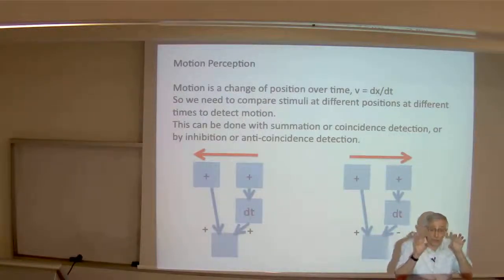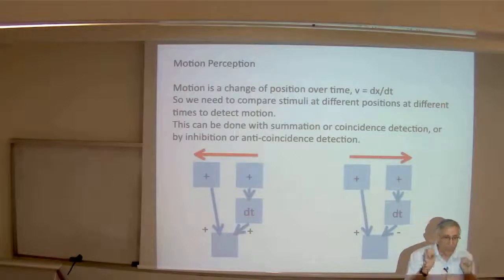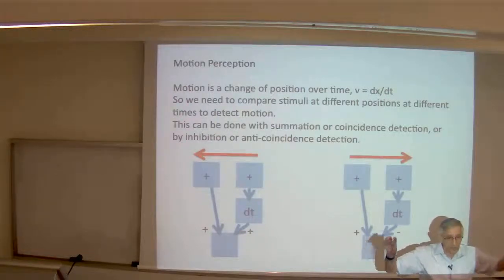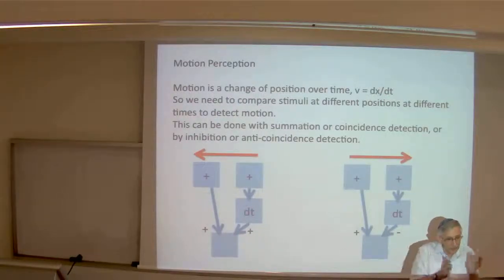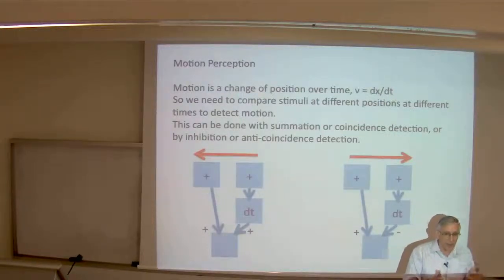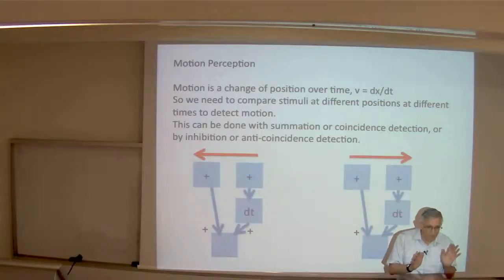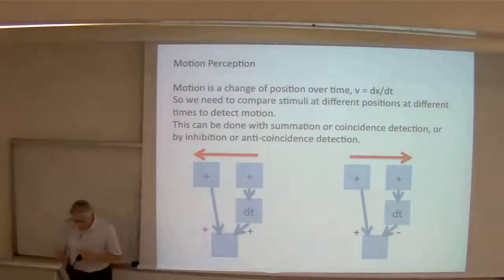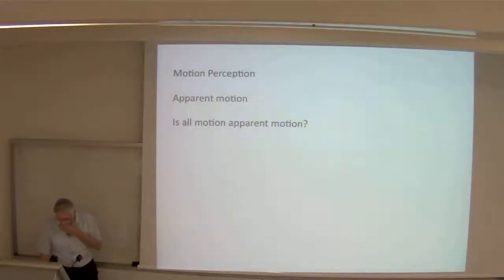Now, if you do it too slowly, if you turn this off and then turn this on, then it will disappear and turn on. Okay? Or if it's too far apart, this will turn off and this will turn on. So there's a limiting distance and a limiting time for seeing apparent motion. Okay? Good. Okay. Now, what about more complex motions. Okay.